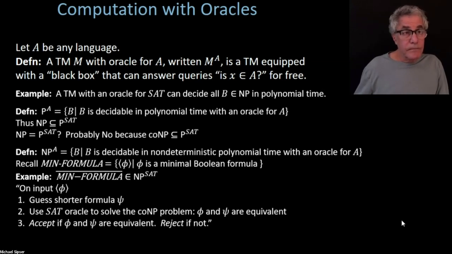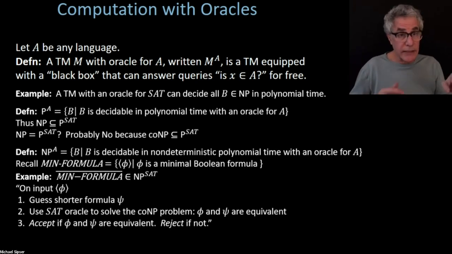Okay. So now we're getting near the end of the lecture. We're going to look at problems like, suppose I compare P with a SAT oracle and NP with a SAT oracle. Could those be the same? Well, there's reasons to believe those are not the same.